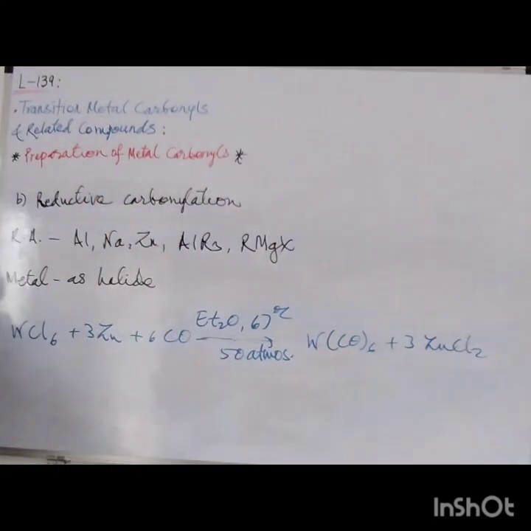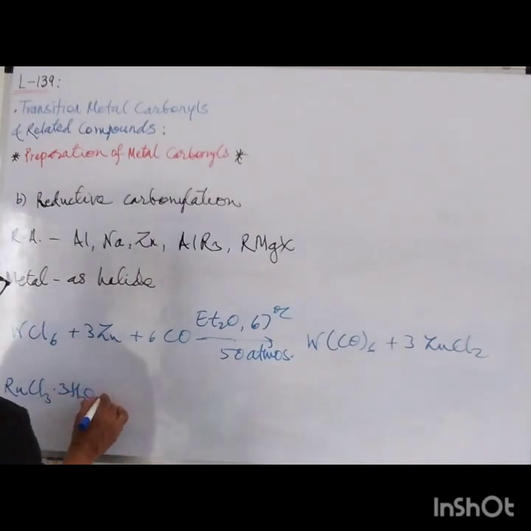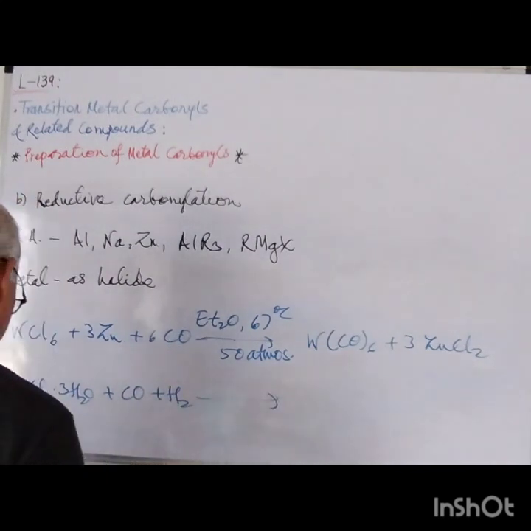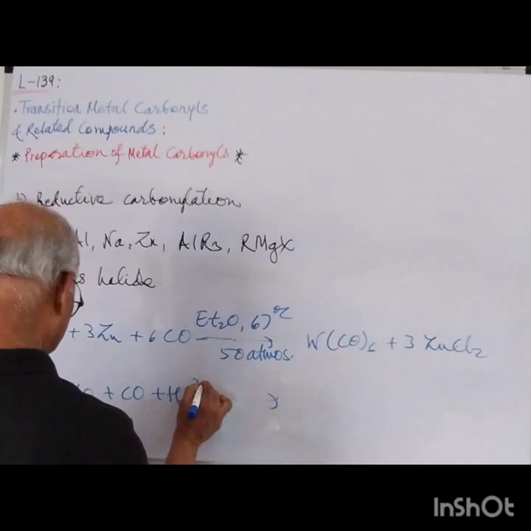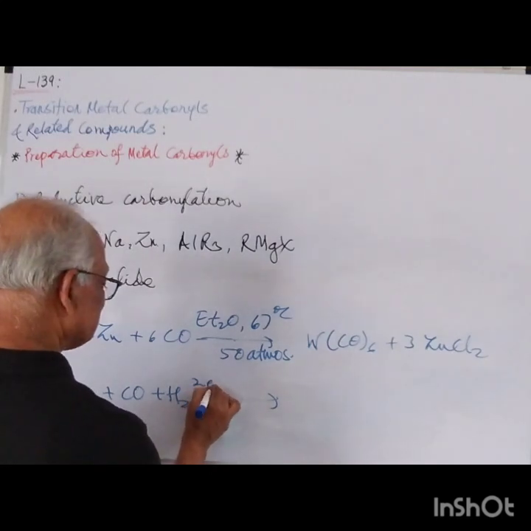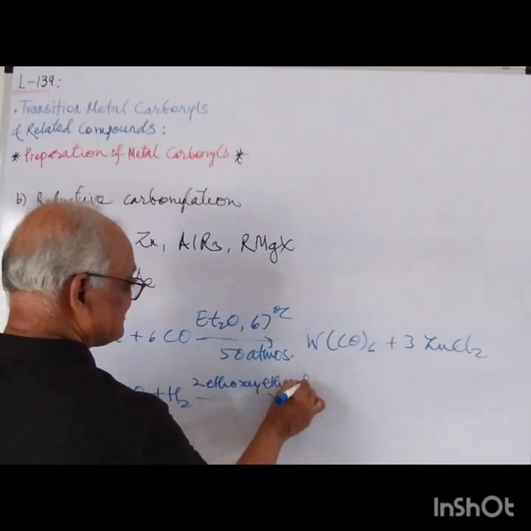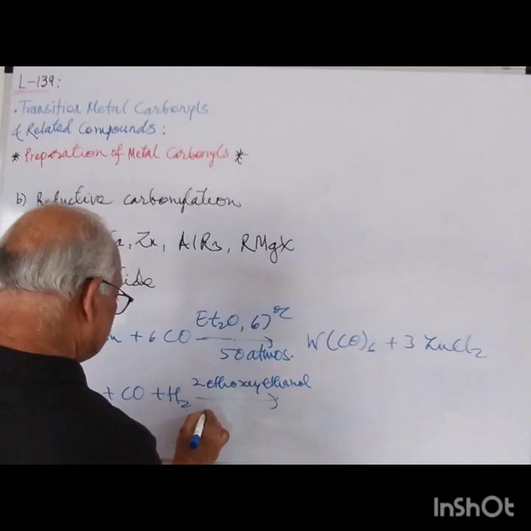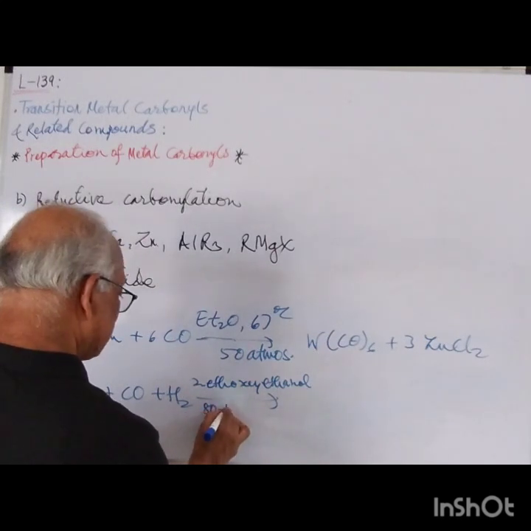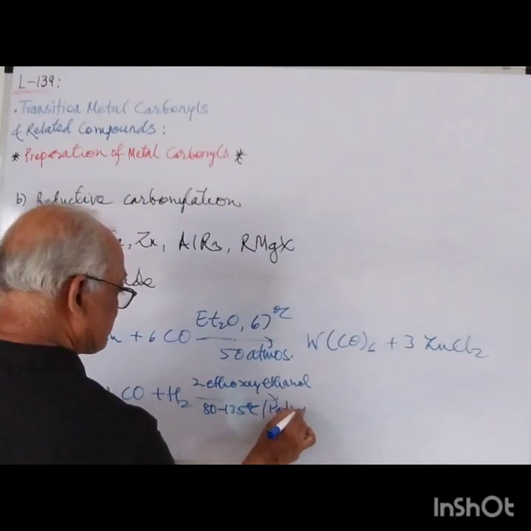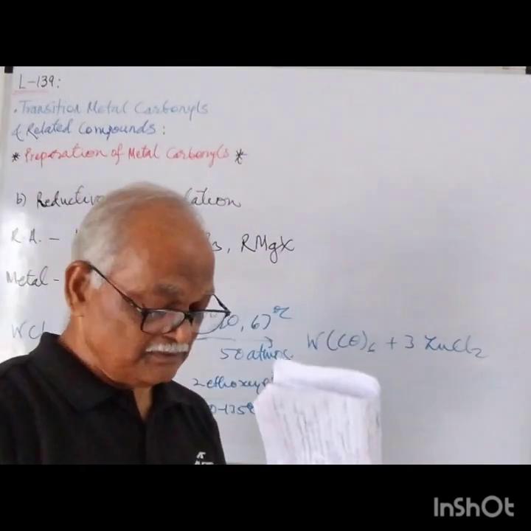Then another reaction is of ruthenium: RuCl3 plus thrice H2O plus carbon monoxide plus H2, under the condition of 2-ethoxyethanol at 80 to 135 degrees centigrade and 1 atmosphere pressure.